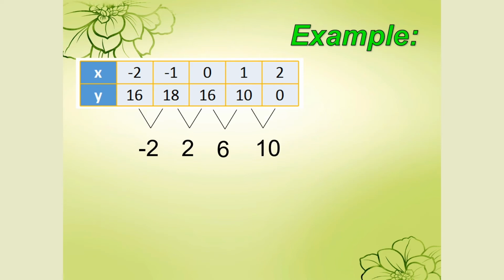Before doing this, make sure to also check the x variable if the differences are equal. In the x variable, they are equal, all 1. So, negative 2 minus negative 1 is negative 1. Negative 1 minus 0 is negative 1. 0 minus 1 is negative 1. And 1 minus 2 is negative 1.